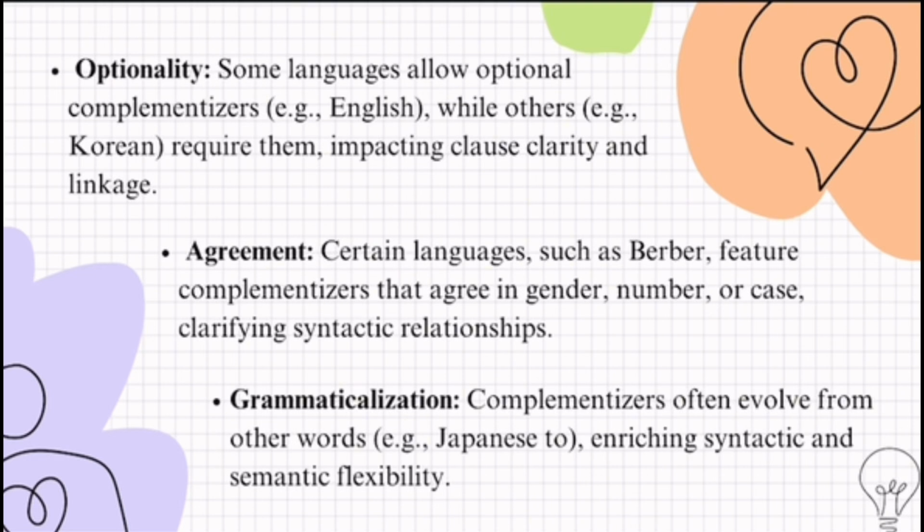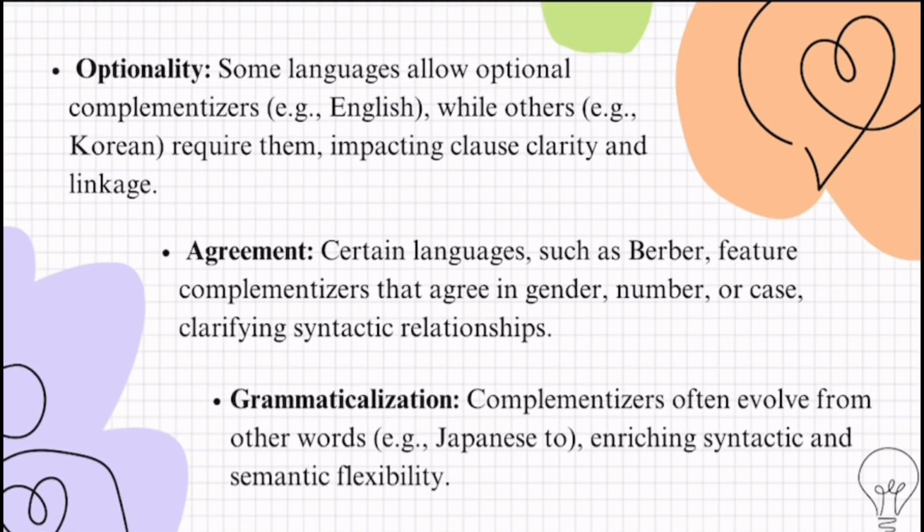The fourth is agreement. Certain languages such as Portuguese feature complementizers that agree in gender, number, or case, clarifying syntactic relationships. And the last one is grammaticalization. Complementizers often evolved from other words, like Japanese to, enriching syntactic and semantic flexibility.